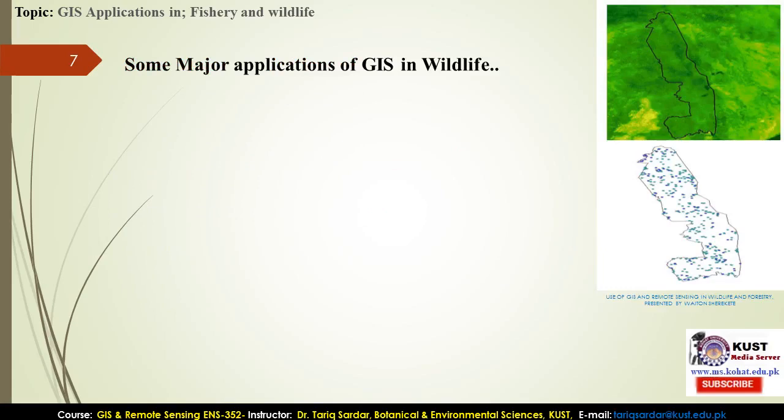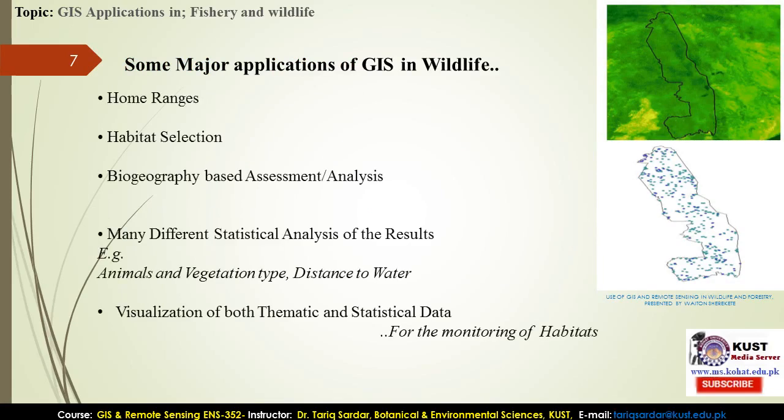Some major applications of GIS in wildlife are home ranges, habitat selection, biogeography based assessment analysis, many different statistical analyses of the results, and also the visualization of both thematic and statistical data. What are home ranges?